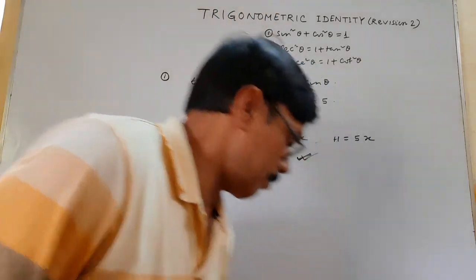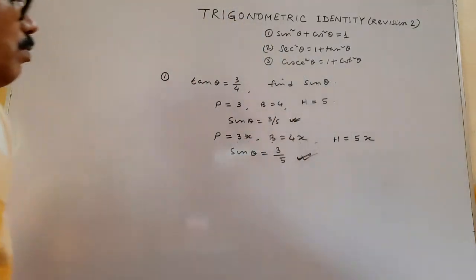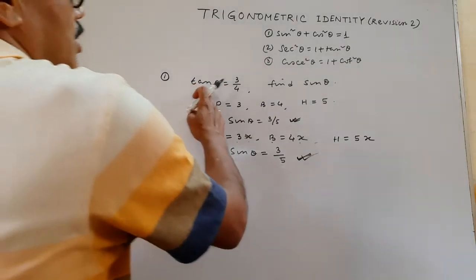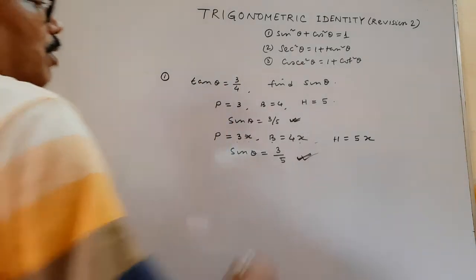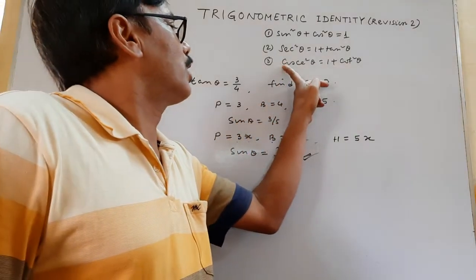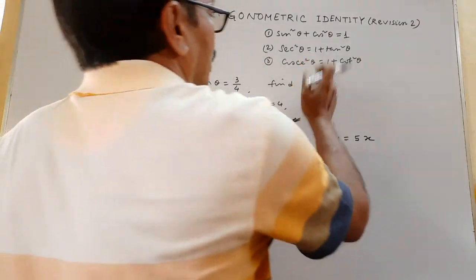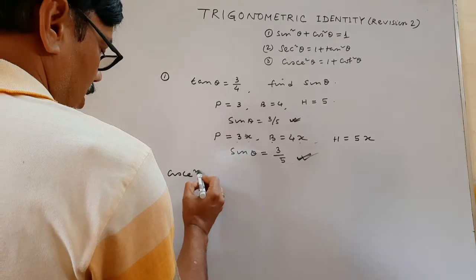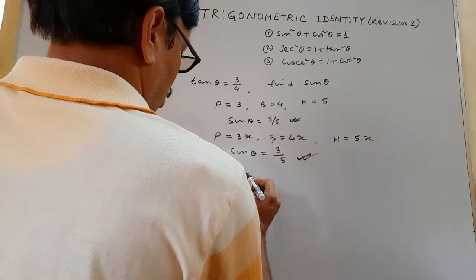Now, using trigonometric identity. So tan theta is 3 by 4, and you have to find sine theta. If we calculate cosec theta, then we can calculate sine theta. Tan theta is given, so what is cosec square theta? Cosec square theta equals 1 plus cot square theta.